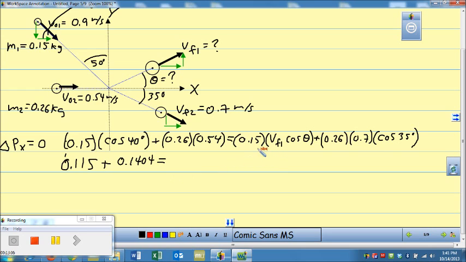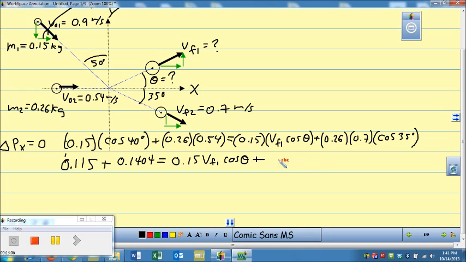Now, can't do too much with this 0.15 VF1 cosine theta. But this piece here I can just calculate out, right? 0.26 times 0.7 times cosine 35.